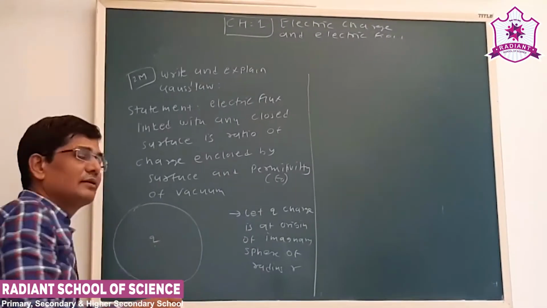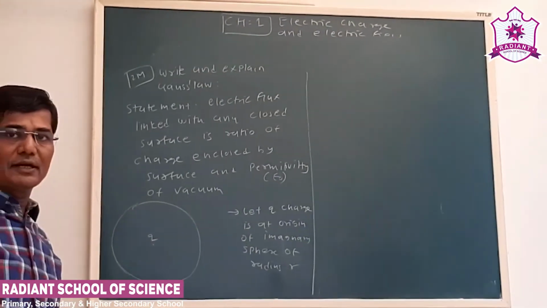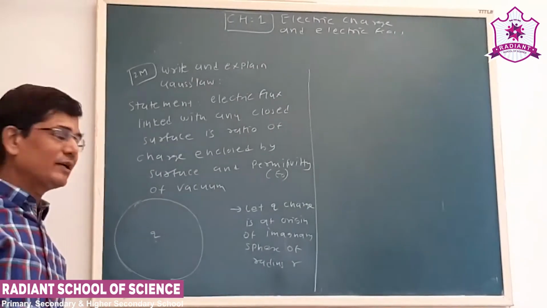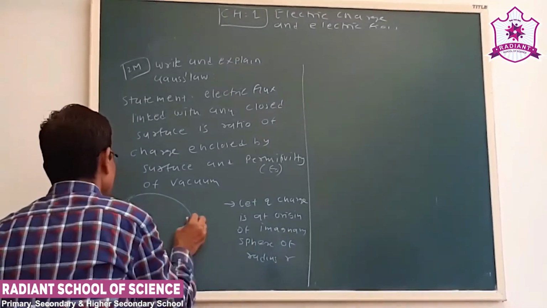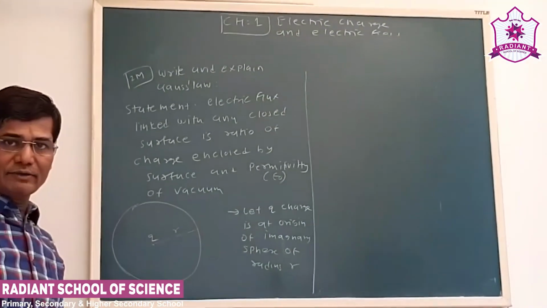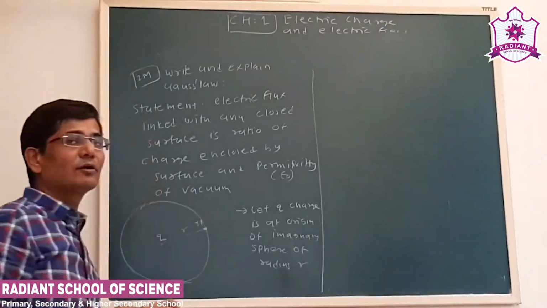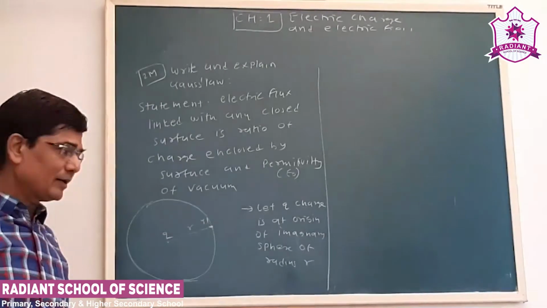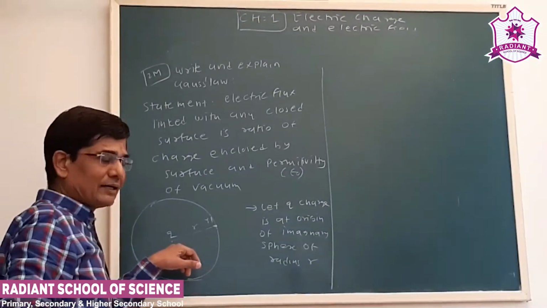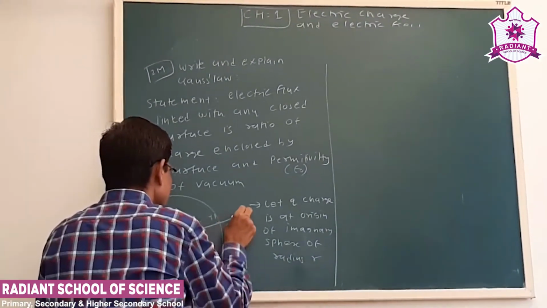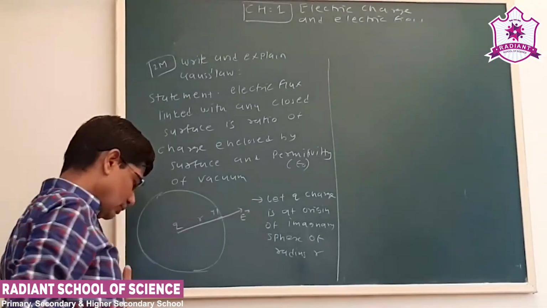Now initially, in the beginning of the lesson, we studied the electric field of a point charge. Now suppose, let us say, r is the distance at which we have to find the electric field. We have to find the force acting on a unit positive charge placed at that point. Now what is the direction of the electric field? The electric field will be radially outward.